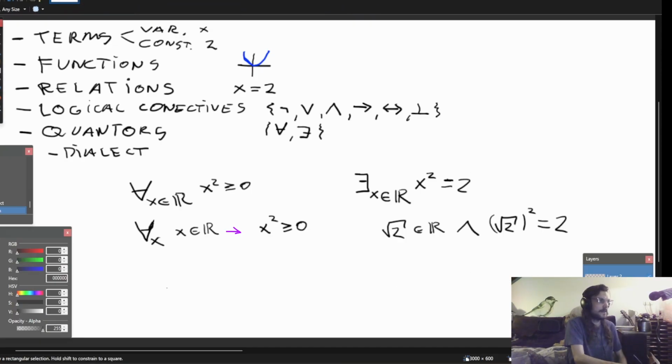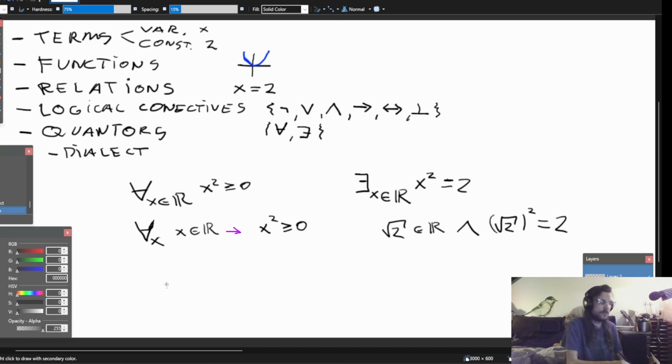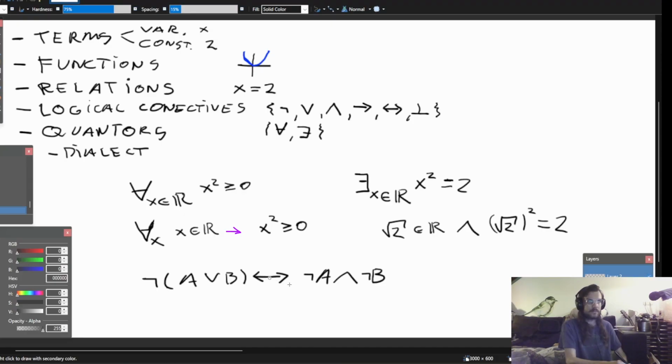Now, last time I showed De Morgan's law, or one of De Morgan's laws, which is not (A or B) if and only if not A and not B. And this is actually generalizable: you can add or C, and then here you add this one in the brackets, and then you can add the extra C there. And this one actually also works in the infinite case, namely with the quantors.